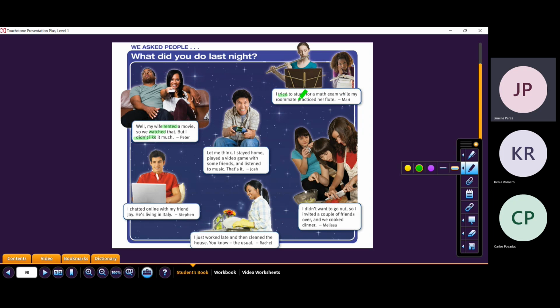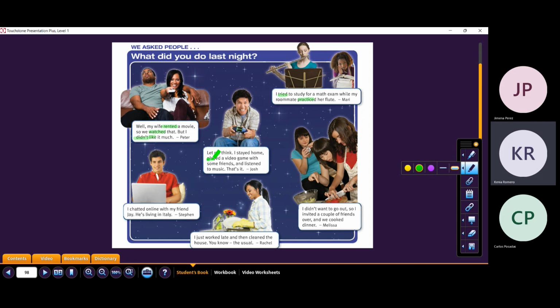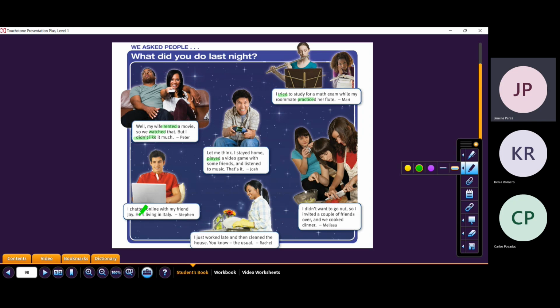So as you can see, the structure is really similar to present simple, but we change the verb according to whether we have an affirmative sentence or a negative sentence.